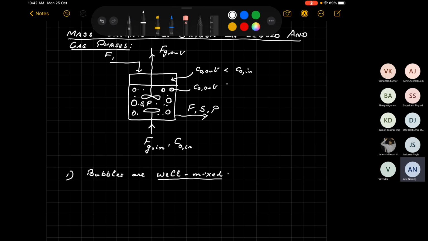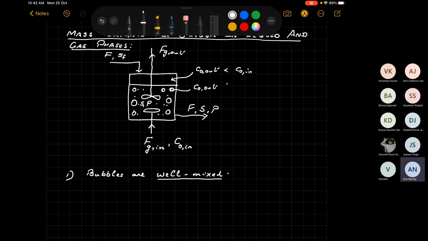So it's as if the air came in and instantly the concentration drops. Not unlike what is happening in the liquid phase, where it comes in at a feed concentration SF and instantly drops to S upon encountering the feed.